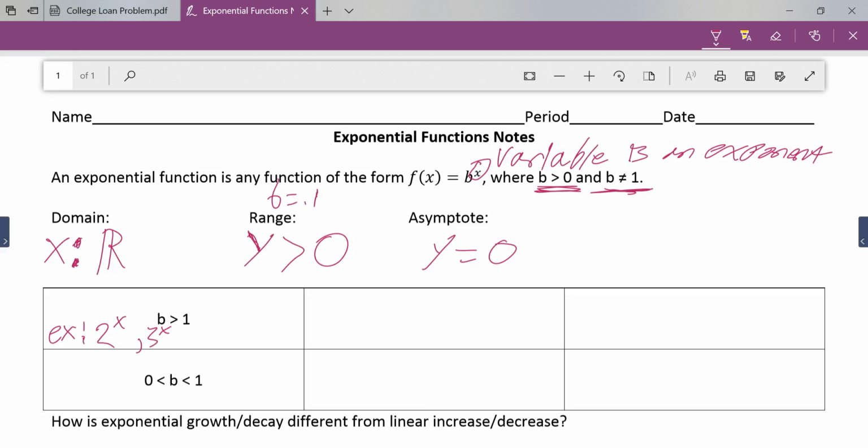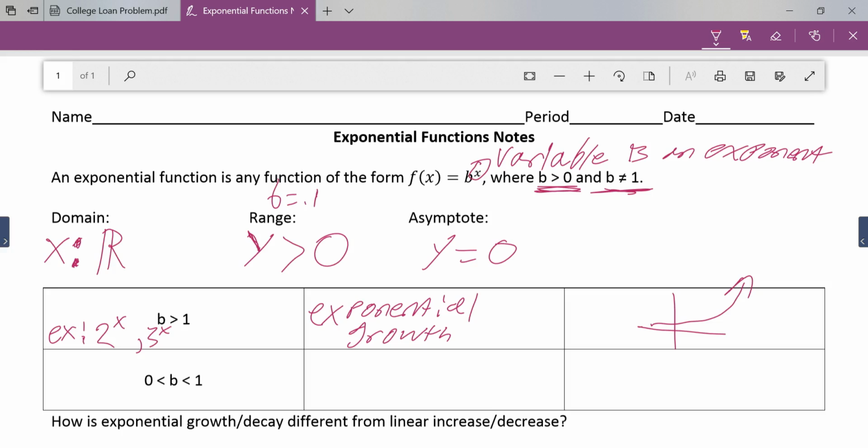We call this exponential growth. The graph of these functions looks something like this, where you start low and then it increases very quickly.